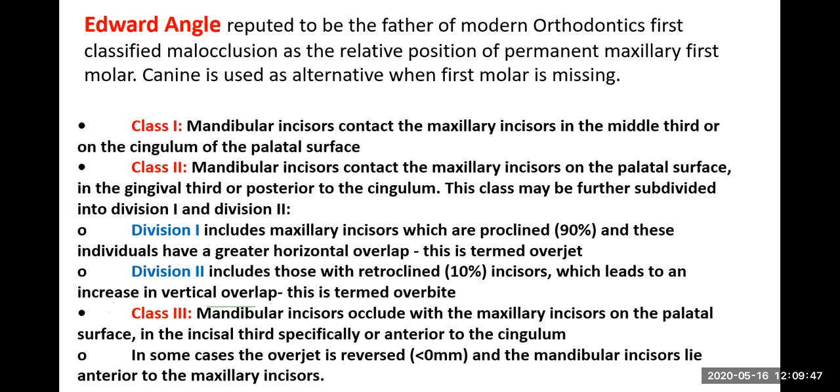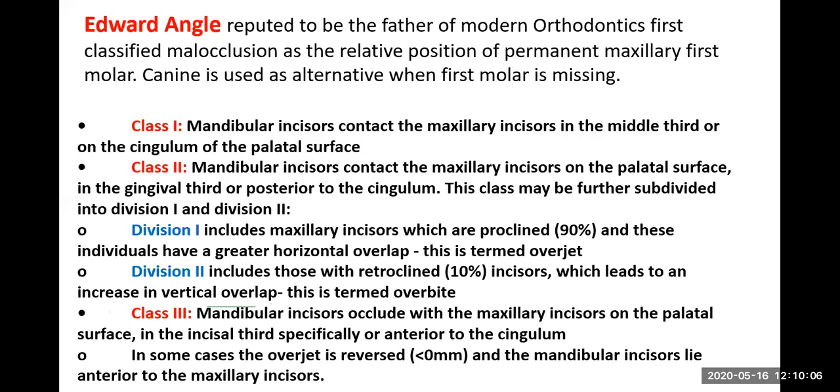He defined class 1 of malocclusion, in relation to the incisors, as when the mandibular incisor makes contact with the maxillary incisor in the middle third or on the cingulum of the palatal surface.